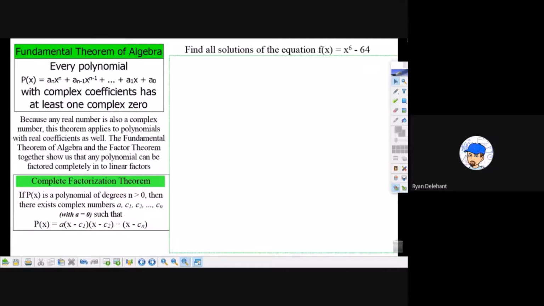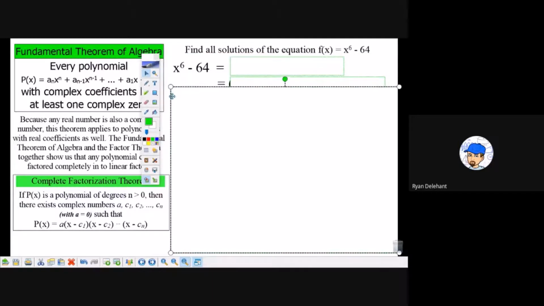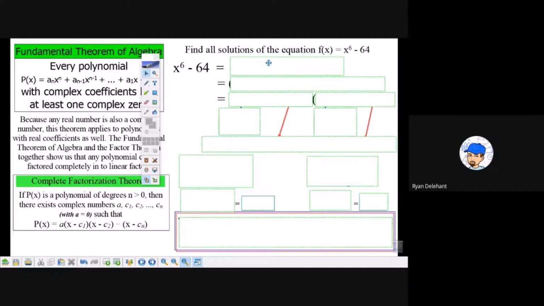I want to get down to the quadratics a little bit faster. So this polynomial off the bat, let me delete all this, factors into this. And it's a formula that you probably don't remember from back in Math 3.